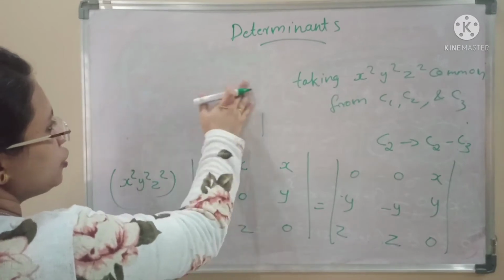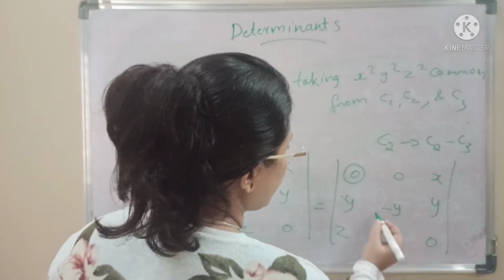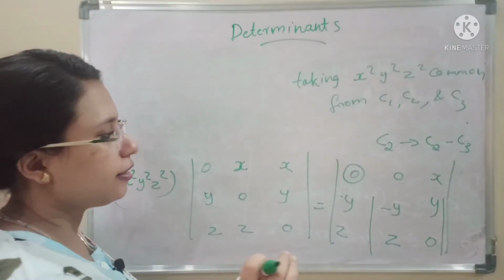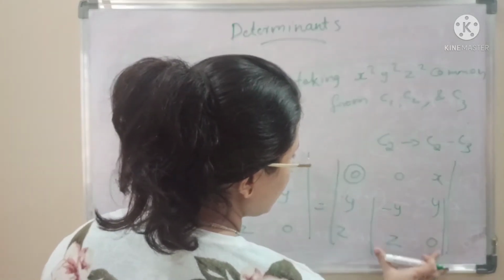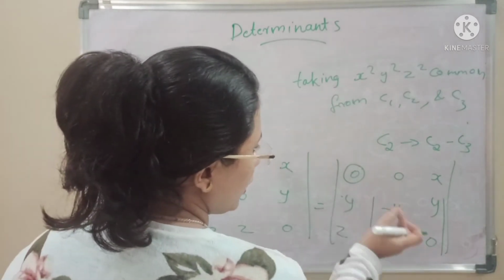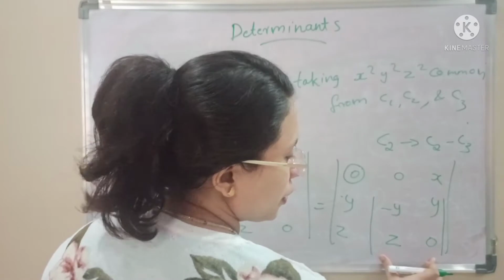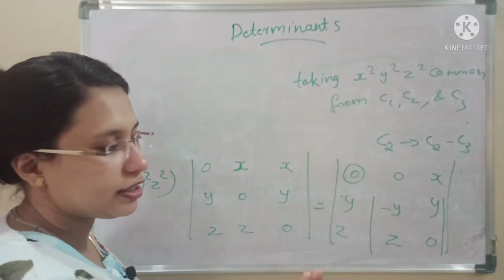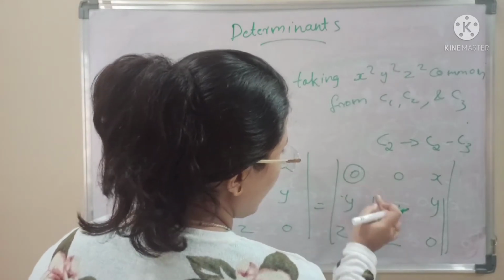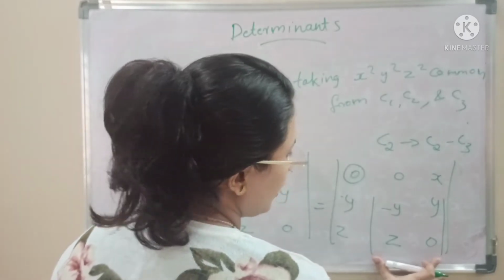For a 3-dimension determinant, the next operation is this term into, okay, so we'll take the term and the corner part of the determinant. Okay, so 0 into, we'll consider the square determinant. For a 3-dimensional determinant, we'll consider the element in the first row and the corresponding square determinant at the corner.